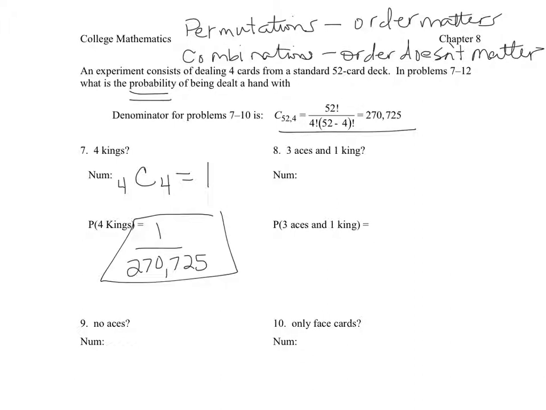Now, on number 8, we want the probability that we would get 3 aces and 1 king. This one, you have to think a little more carefully because it's still a combination. The order I get these in won't matter. If I'm wanting 3 aces, there are 4 aces in the deck, and I want to choose 3 of them.